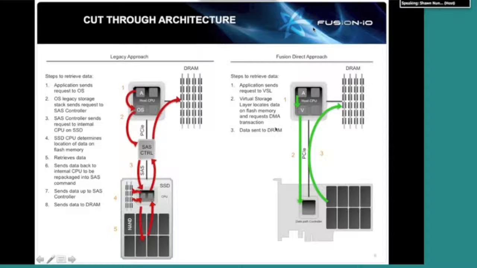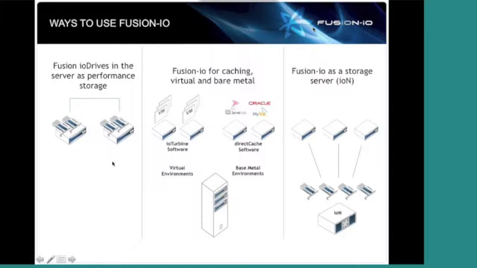So really the advantage here is this cut-through architecture, and you're going to see this advantage any place that you apply ioDrive technology. Today we're going to be showing Oracle Database. Now, there's a lot of different ways to use Fusion IO. Historically, people have used it, as you see there on the left, as performance storage inside the server.